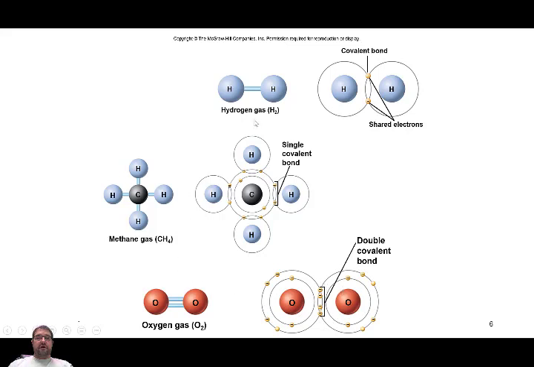Now you can see here, this is single electron sharing, but here, because they're sharing 2 electrons, we represent that as a double bond, or a double covalent bond. Let's say they were sharing 3 electrons. Then it would be a triple covalent bond, or a triple bond.